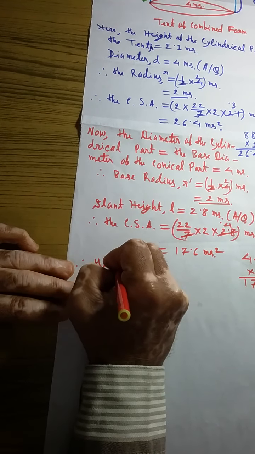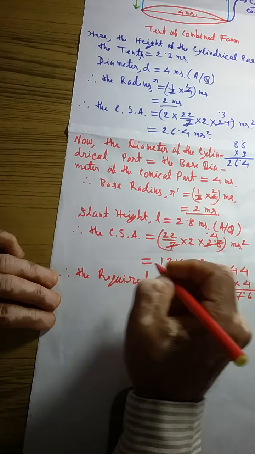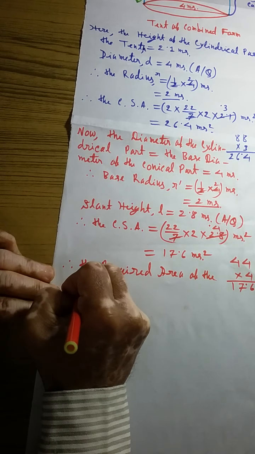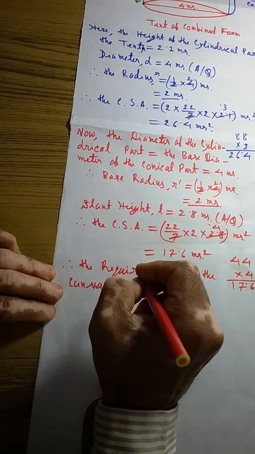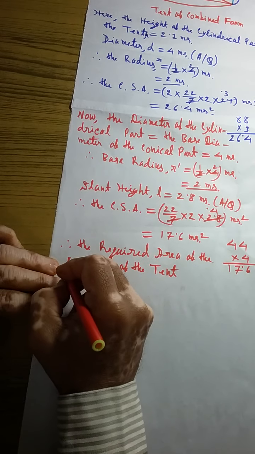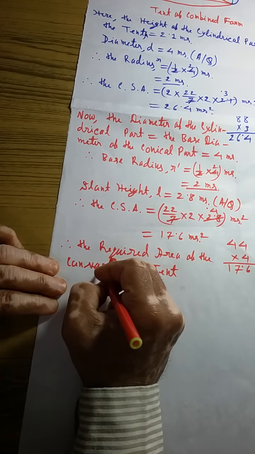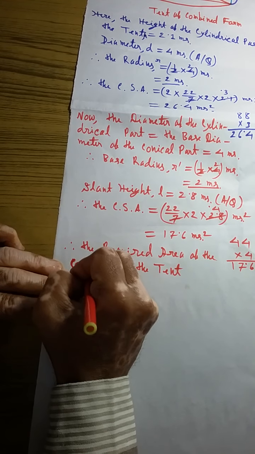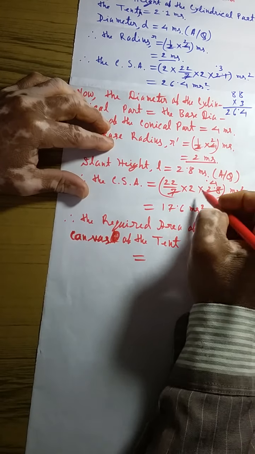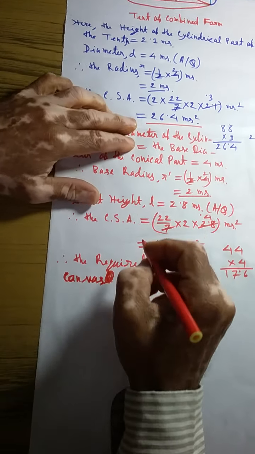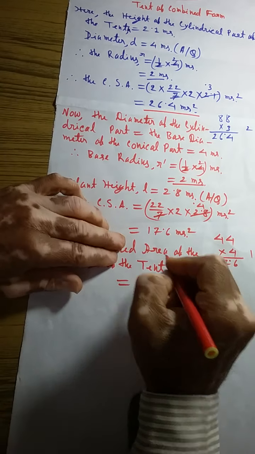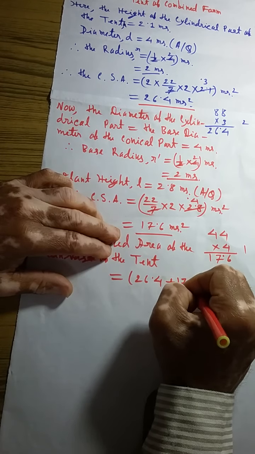After this, proceed in this way. Therefore the required area of the canvas of the tent is equal to 26.4 meters square plus this part, 17.6 meters square.